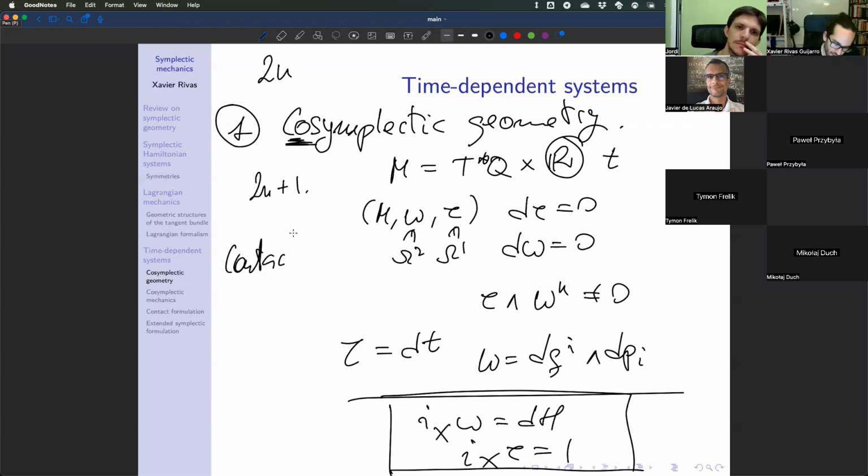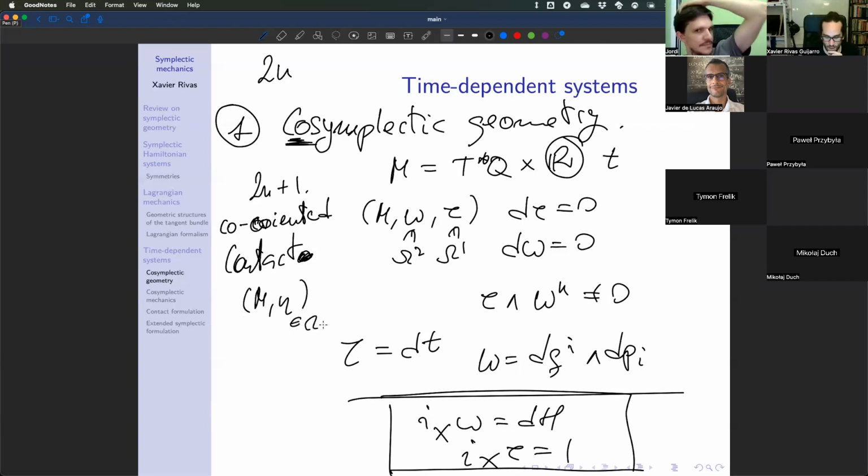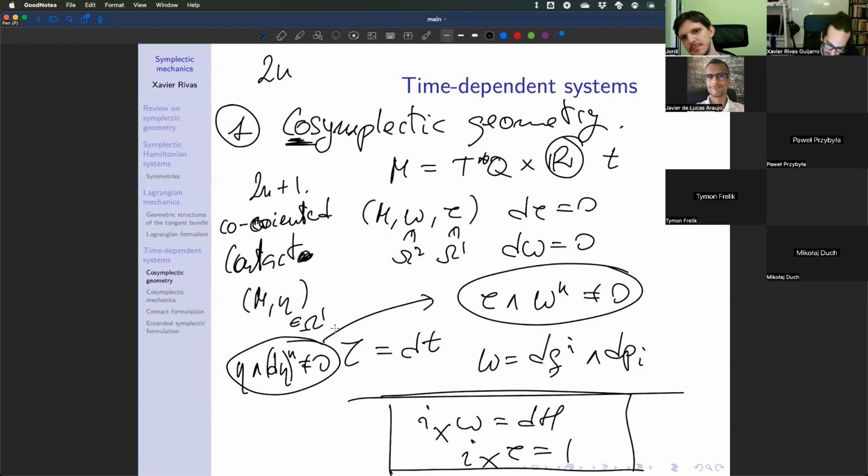A contact manifold, okay, let's say a co-oriented contact manifold is a pair (M, eta), where eta is a one form, but this one form satisfies this condition here. This has to be a volume form, and this is quite similar to this condition here, as you said, but it is not exactly the same.